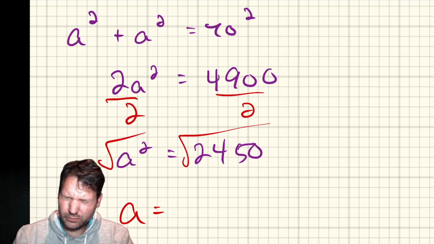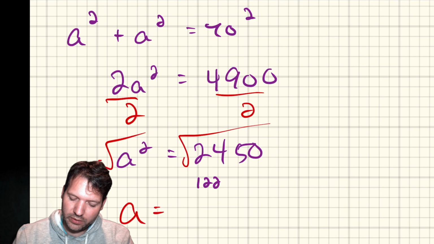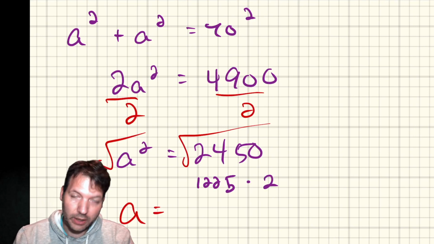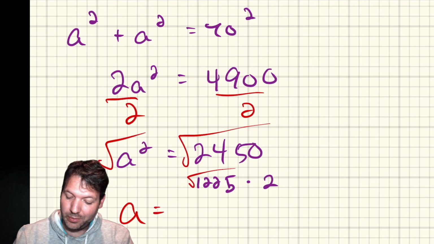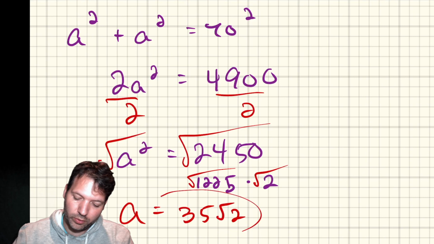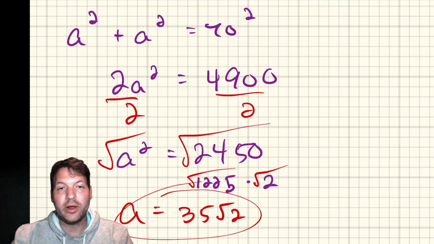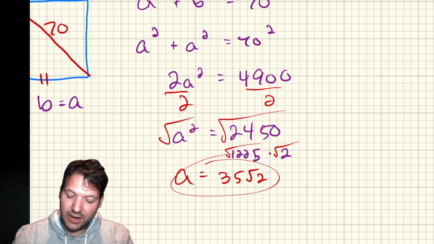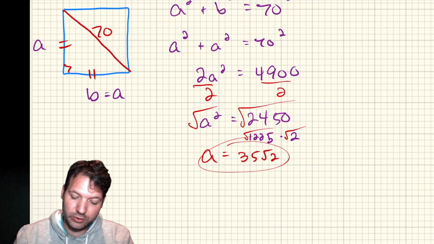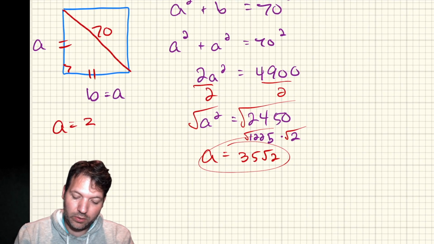and what you're going to end up with is the square root of 1225 times 2. I know it's weird. You have no idea how I know this. It doesn't really matter how. And so 1225 happens to be the square of 35. And so the exact side length here would be 35 root 2. So a equals 35 root 2.